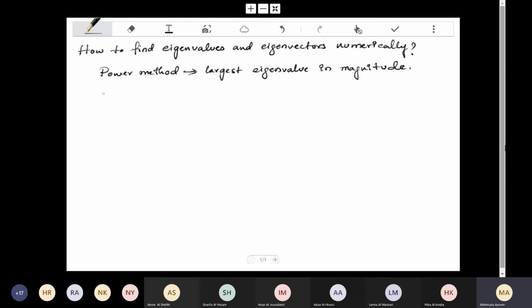Let me write that down. Does not work for repeated eigenvalues.